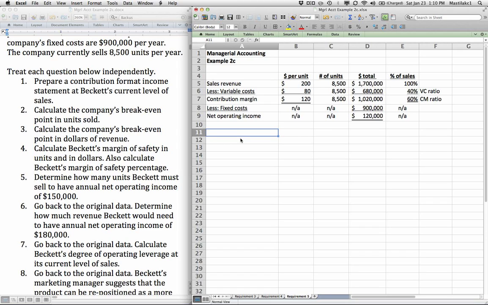And we don't always simply want to say, well, hey, we'll sell as many units as we can and make as much money as we can. In a sense, that's true.